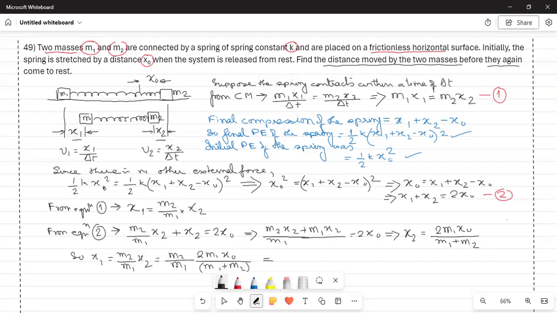The M1 gets cancelled. So this is equal to 2 M2 x0 divided by M1 plus M2. So these are the two values. This is the x1 by which mass 1 will move, and this is x2 by which mass 2 will move. Okay. Now, next we shall go to the next question.